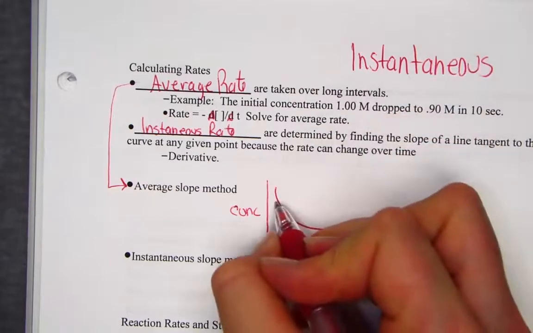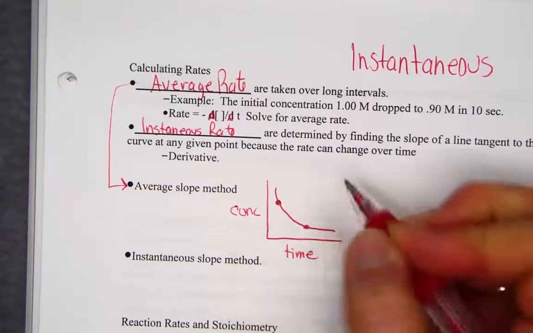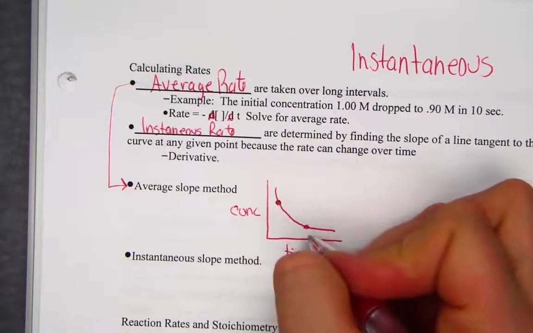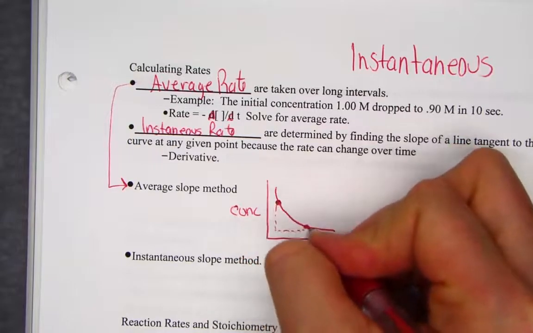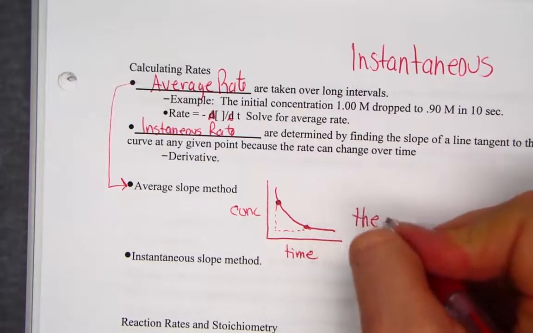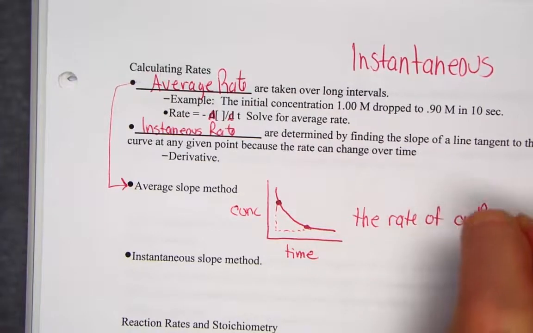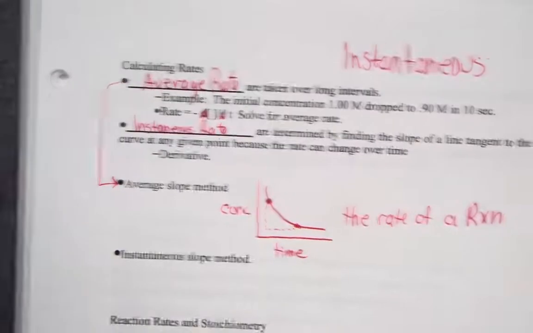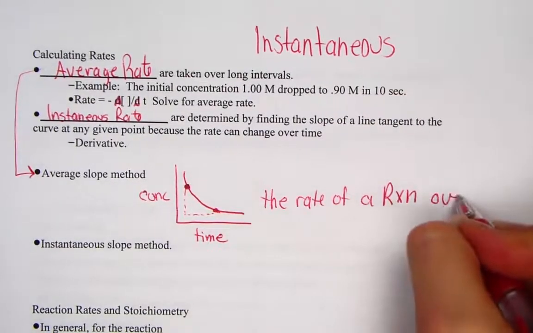If I take an average slope method, I find a time interval. When I think about how much the concentration changes per unit time, I'm finding an average rate. It's the rate of a reaction. I'll write that RxN, the rate of a reaction over a particular time interval.